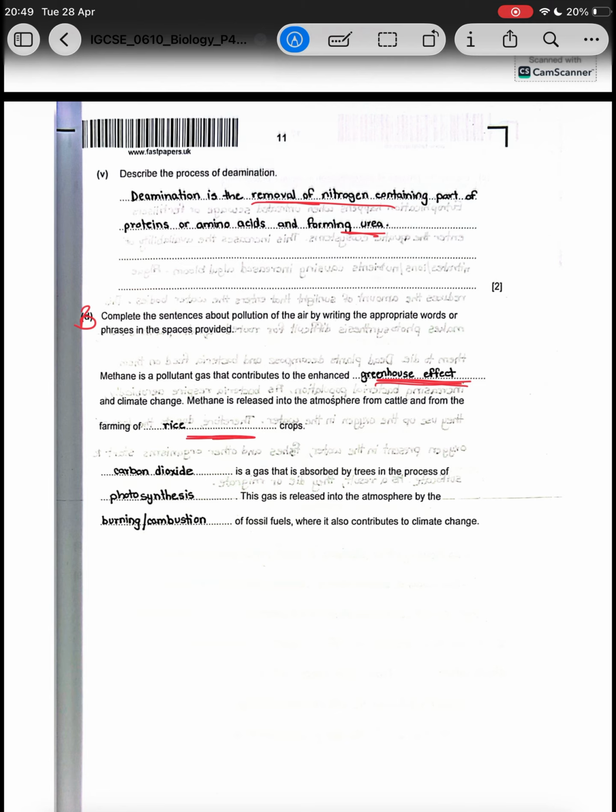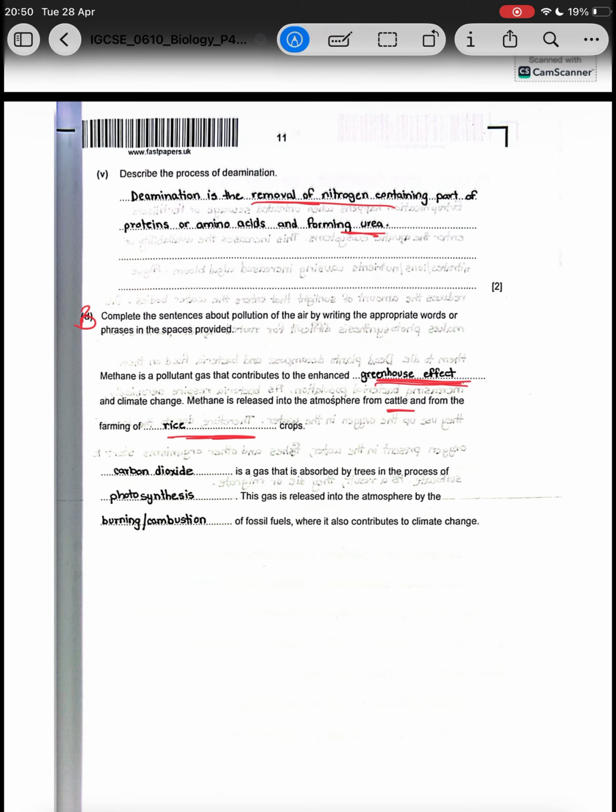Methane is released into the atmosphere from cattle and from the farming of rice crops. This is because herbivores feed on rice crop, because this is where chemical energy from these crops is directly taken in by the primary consumers.